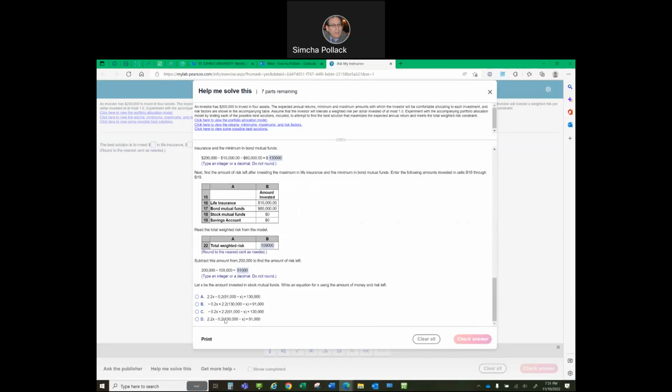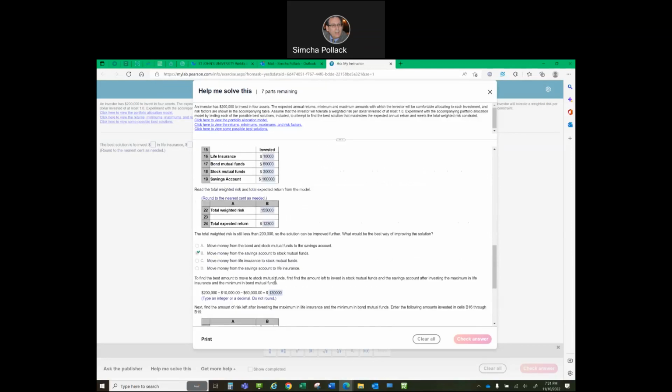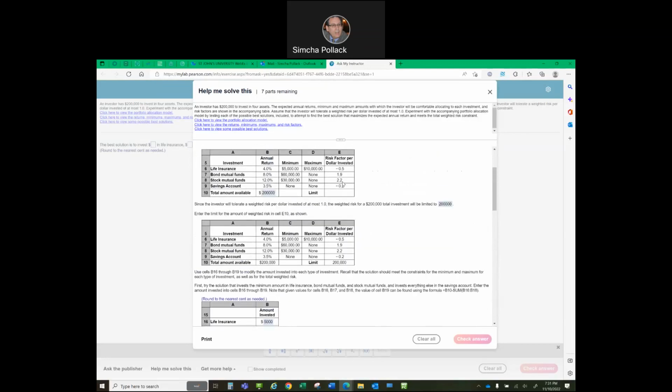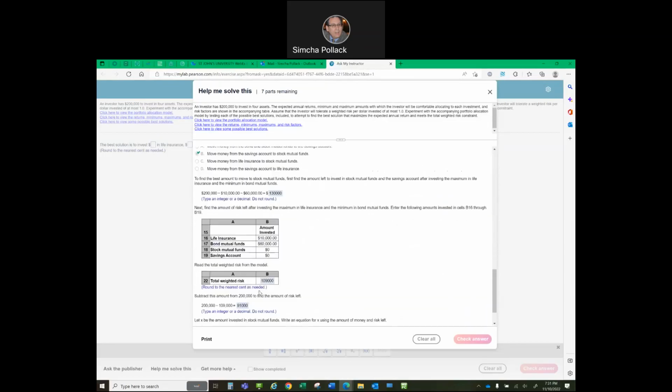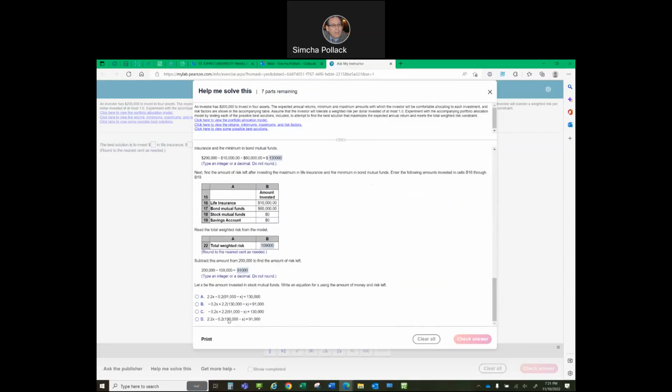That difference multiplied by 0.2 will give you the amount. Again, it's minus because the risk factor is minus 0.2. You will then solve that equation to figure out the optimal amount to move into stocks, satisfying the amount of risk that can only equal 91,000. So I'm going to guess the answer is D.